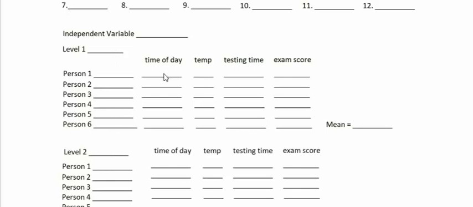And once you fill those 3 blanks in, go back to these 3 extraneous variables. And once again, either control, balance, or make it a confounding variable for each one of these.